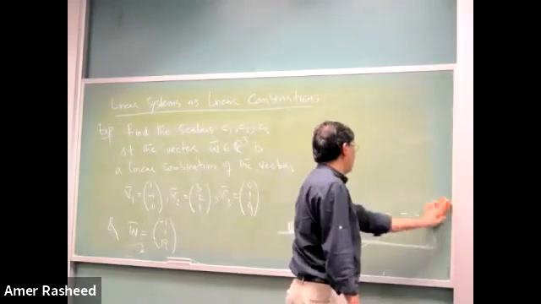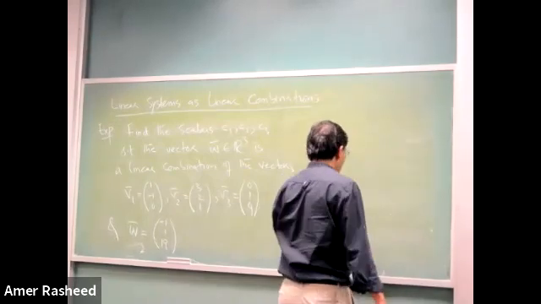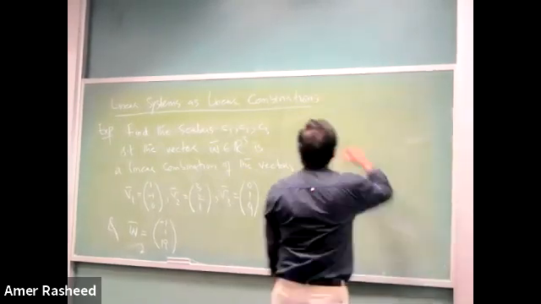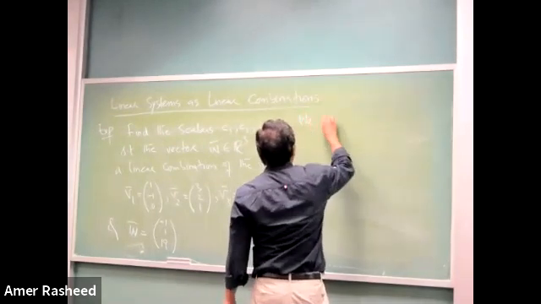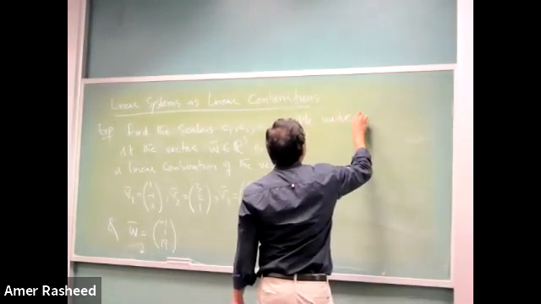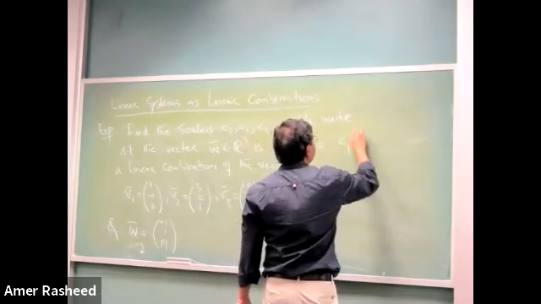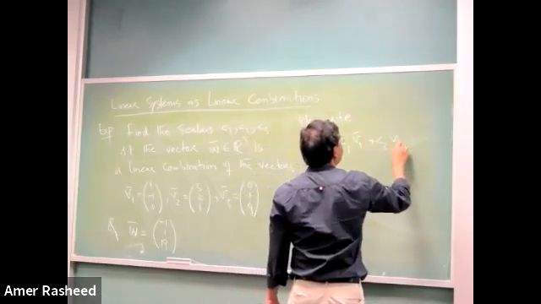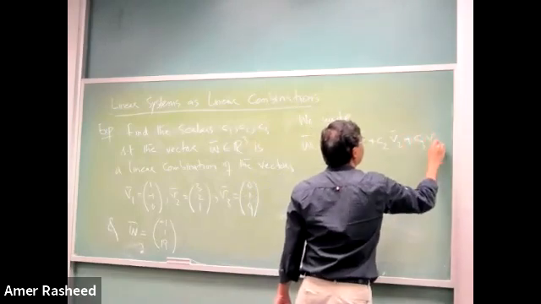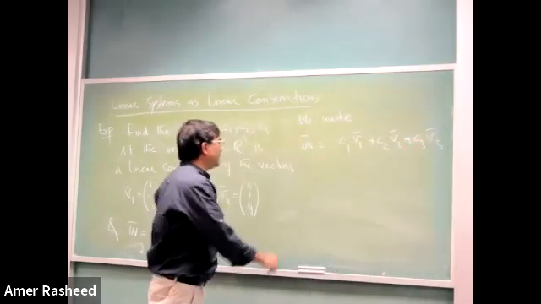For that, what we do, we write W as W is equal to some scalars C1 V1 plus C2 V2 plus C3 V3. Now what is W?